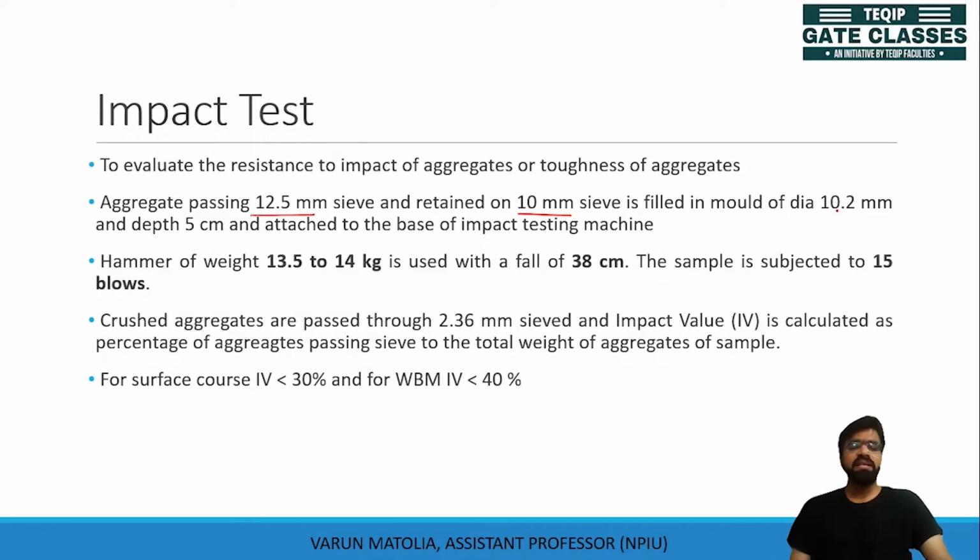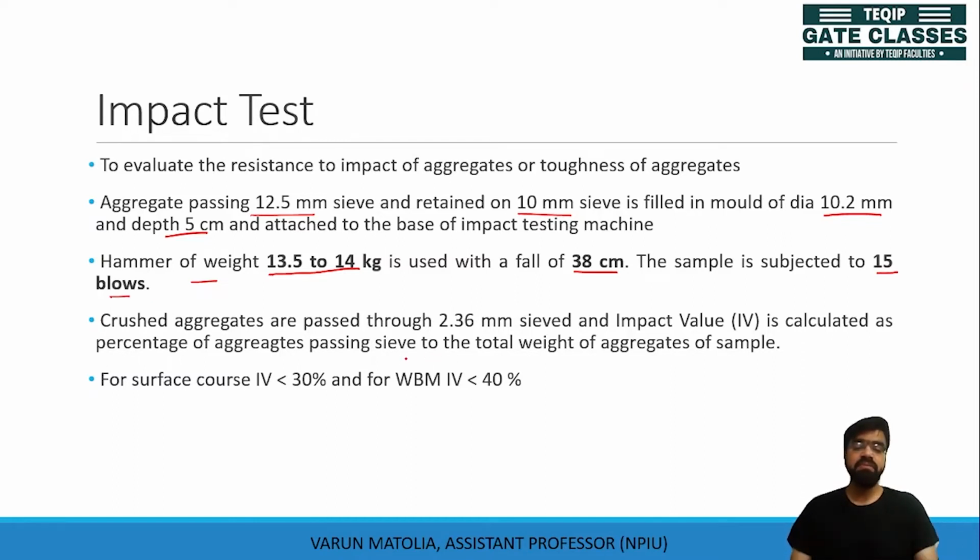These are filled in a mold of diameter 10.2 cm, which has a depth of 5 centimeter. Then the impact is provided with a hammer of weight 13.5 to 14 kg. The fall of this hammer is 38 centimeter and 15 blows are applied using this hammer.